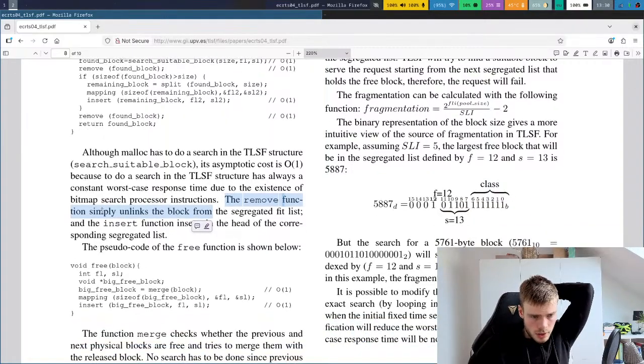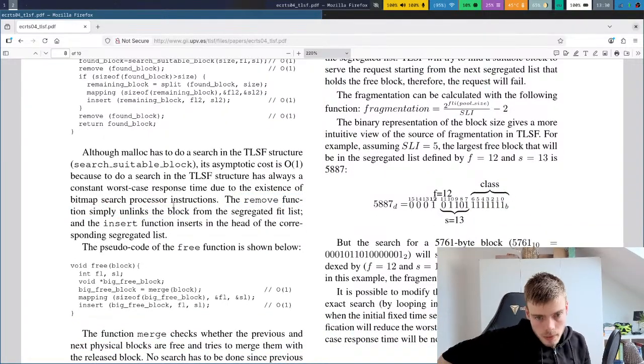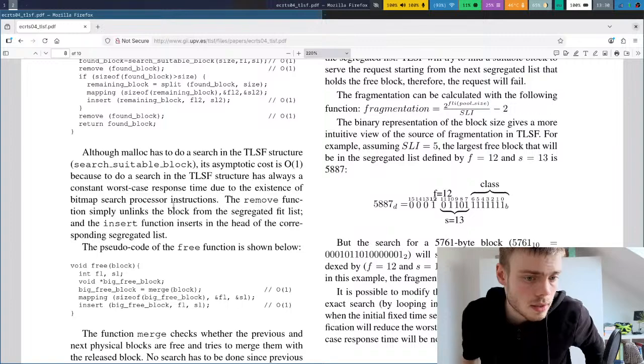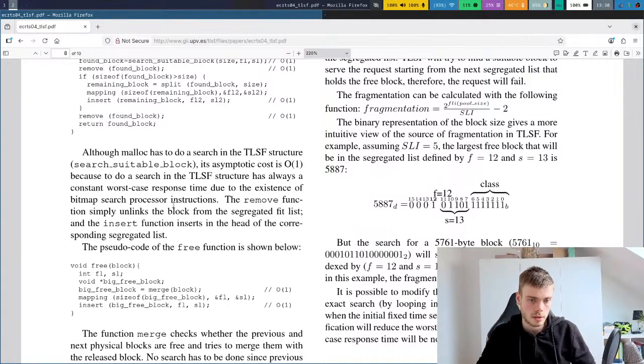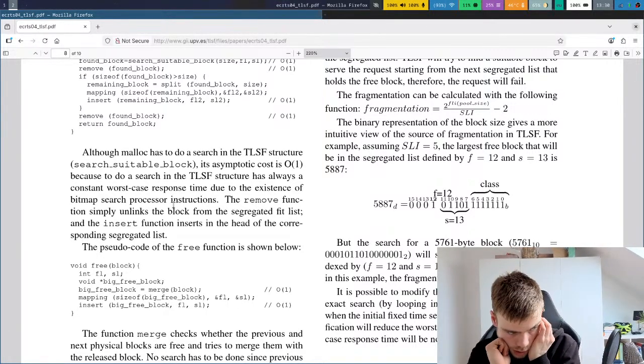The remove function simply unlinks the block from the segregated fit list, and the insert function inserts at the head of the list.